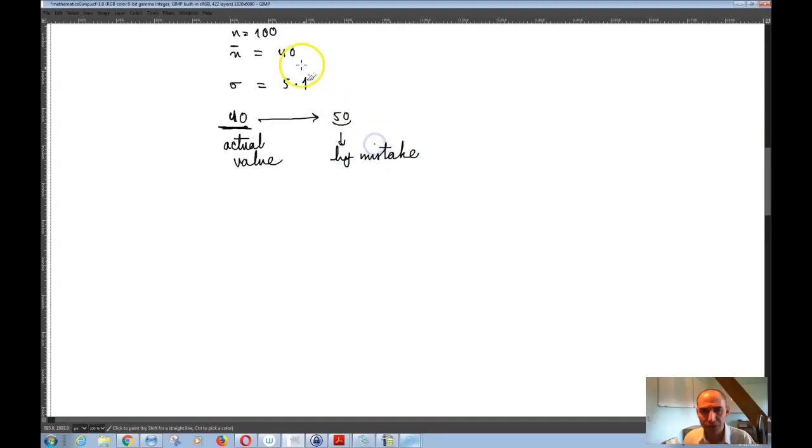That means that these values were actually calculated with this number 50, but the actual number was 40. So now what we want to do is know what are the correct mean and standard deviation.